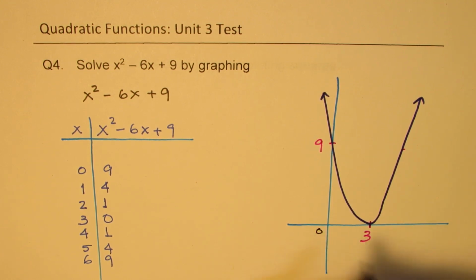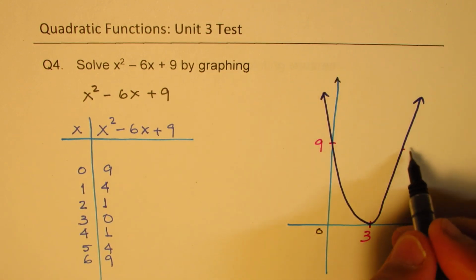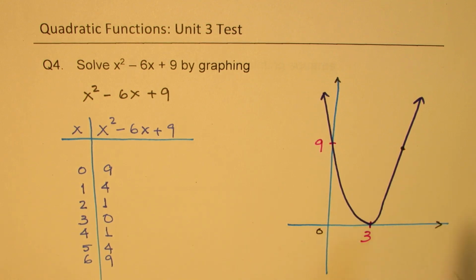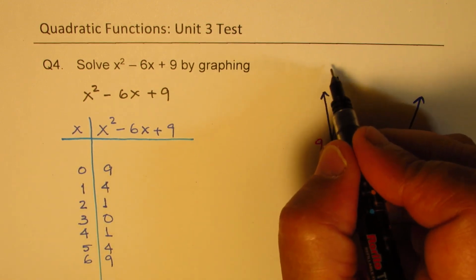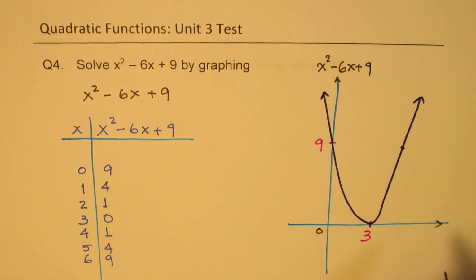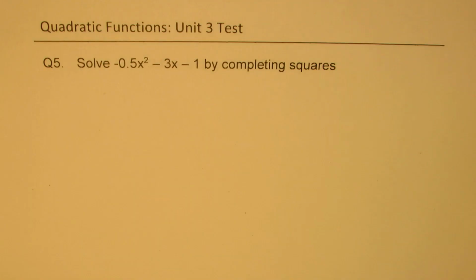So on a graph paper, if you sketch all these points, you'll get something as shown here, right? So you can label all the points and then that'll be good for you. So that is the function x squared minus 6x plus 9. Perfect. So that is how you're going to sketch it.